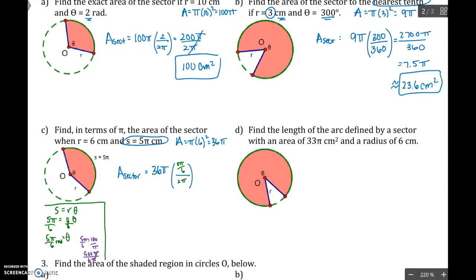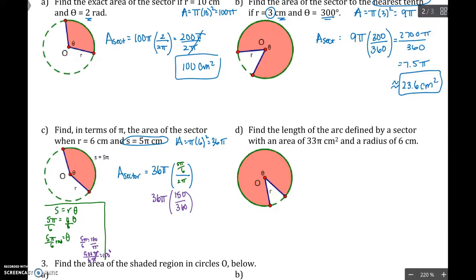The pi's cancel, and 900 divided by 6 is just 150 degrees. So if I wanted to, I could also put that in over 360. So either way, probably the simplest way for most people is to always use degrees and out of 360.